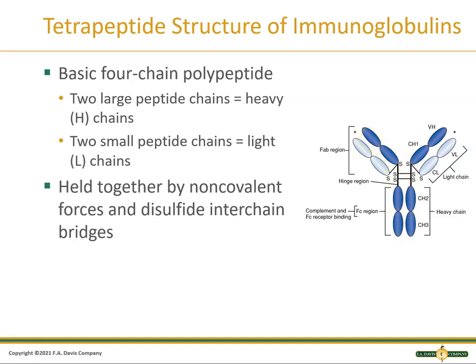Then there are 2 lighter chains, labeled light chain, which are smaller polypeptide chains. These are held together by non-covalent bonds and by disulfide bridges, interchain bridges. You can see the S here, and here. This is called the hinge region.